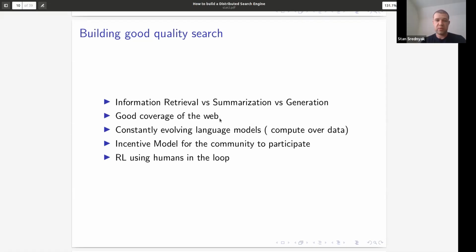And then we have to create an incentive model for the community to participate. And very importantly, recent experiments by OpenAI, for example, show that user data have to be used in a meaningful way to improve the inner workings of the models.